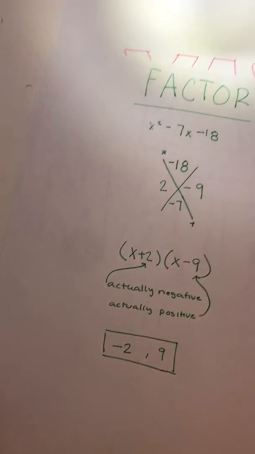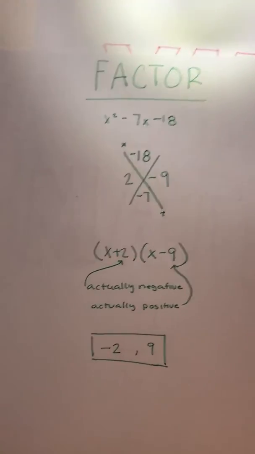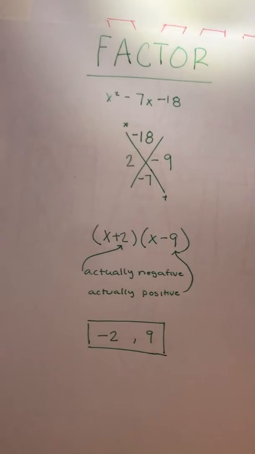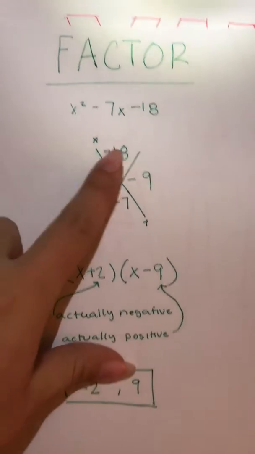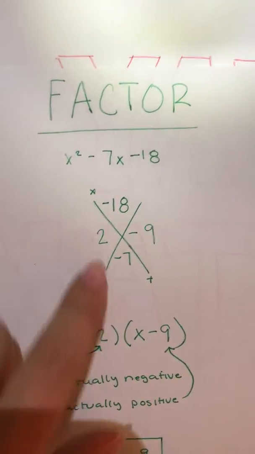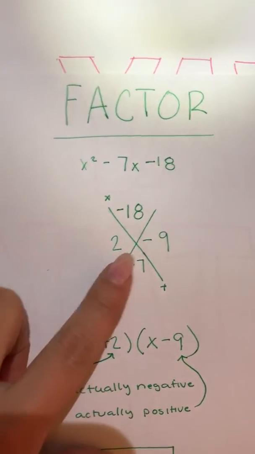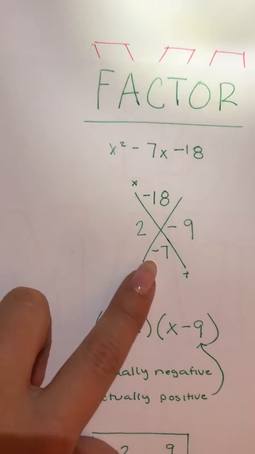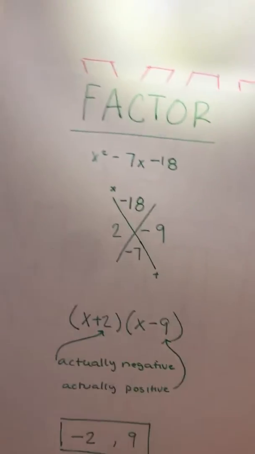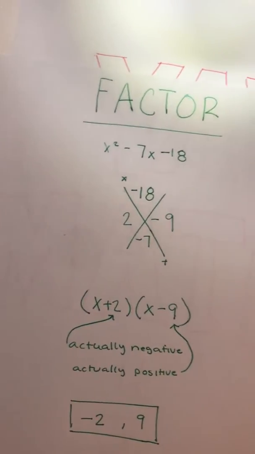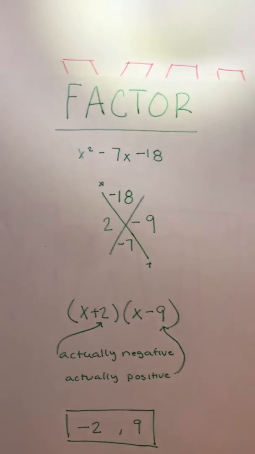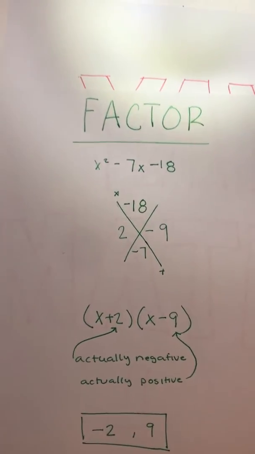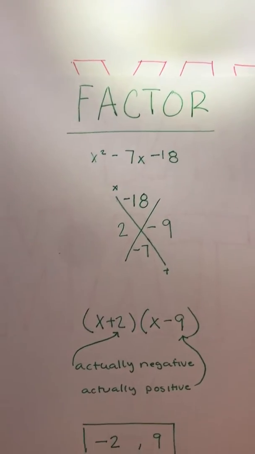And our next way is to factor. I like to do the cross factoring, where I draw an x, and I put this here, which is what we multiply by, and then here, which is what we usually add by. So now what plus what equals -7, and what times what equals -18.